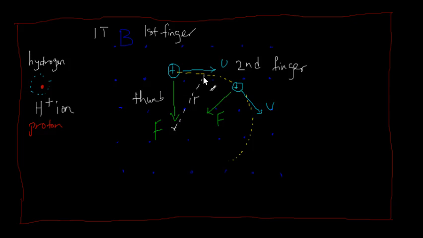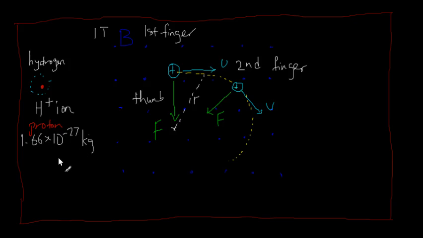Now, if this positive charge is a proton, we would also need the mass and the charge of this proton. A proton has a mass of 1.66 times 10 to the power minus 27 kilogram. That's a very, very small mass, but even so, it is almost 2,000 times heavier than the mass of an electron.